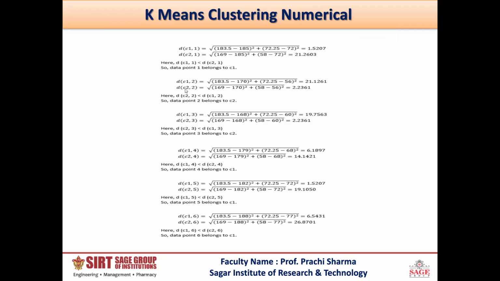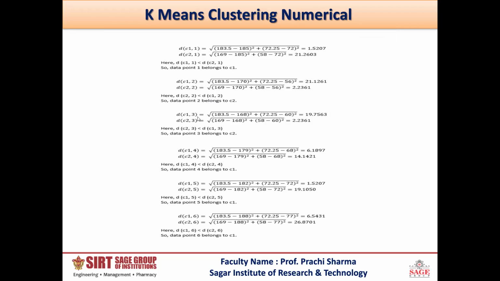Similarly, for the C2 cluster, the value was 169 and 58, and the value for point 2 is 170 and 56. You can solve this, and we get 2.23. As you can see, 2.23 is less than 21, and 2.2 is coming from the C2 cluster. Therefore, point 2 will belong to the C2 cluster.